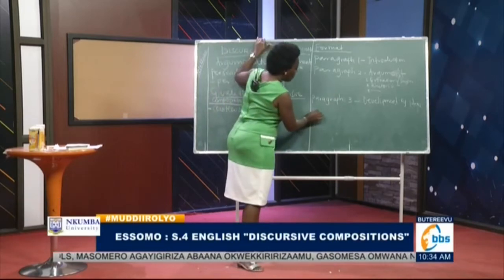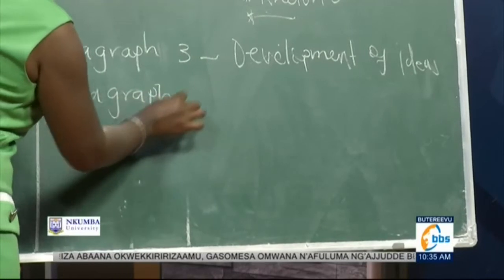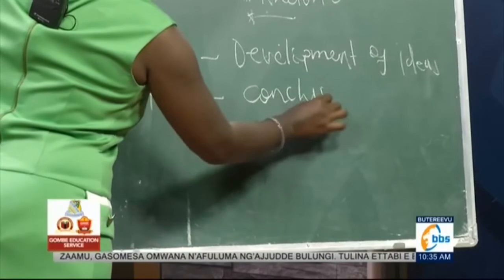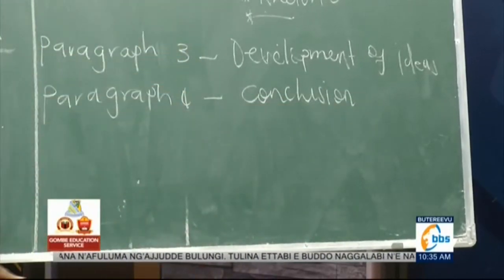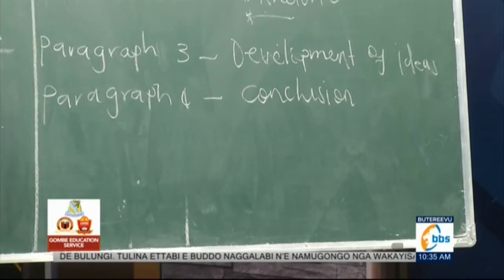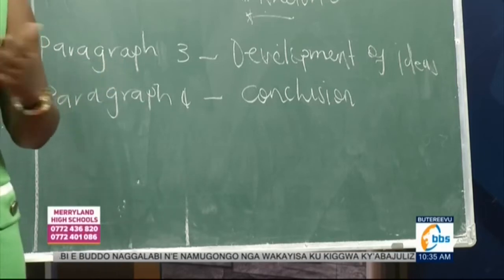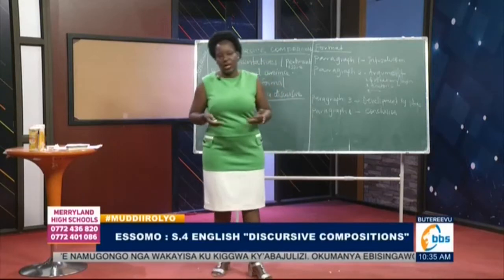And then maybe paragraph 4, we are going to look at the conclusion. How are you going to conclude? Many candidates have issues with conclusions. Now, in a conclusion, you can come up with a different way. Sometimes you can even conclude with one of the points.